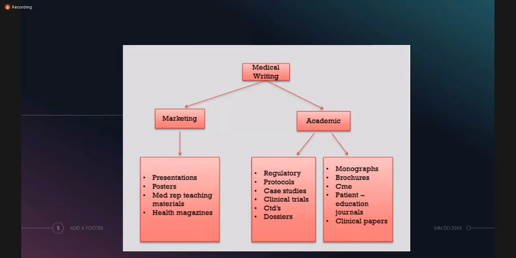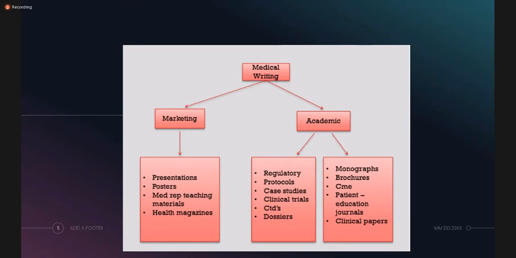And monographs, the ones written by an author, are all considered pure academic writing. A monograph may include some encyclopedia type of things.